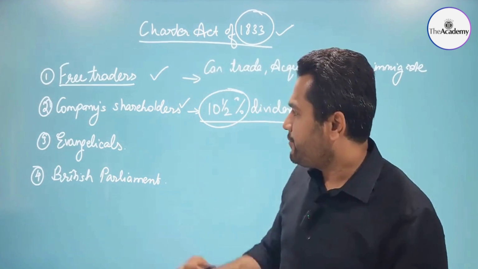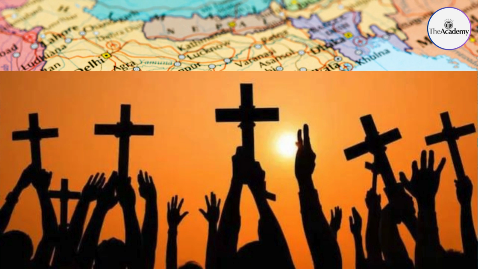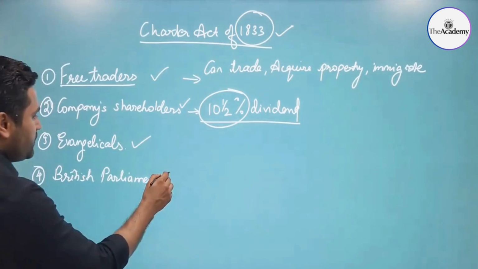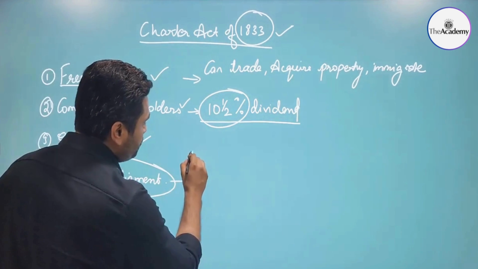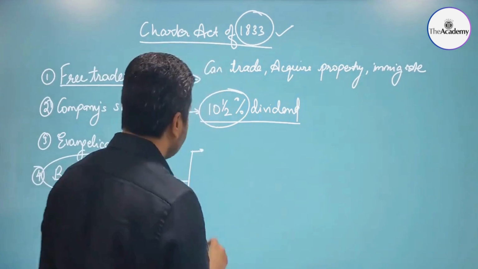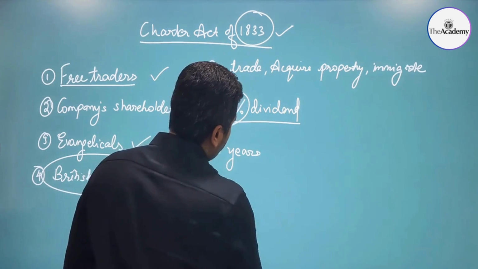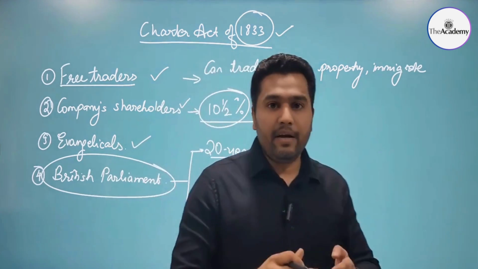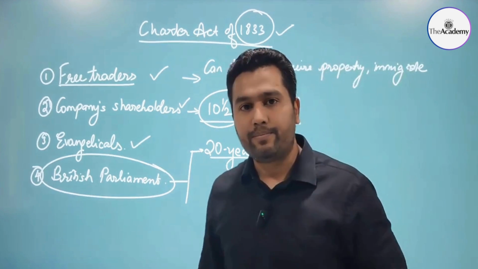Thirdly, we have seen evangelicals, they were already allowed to promote Christianity in India after the Charter Act of 1813. But the most important aspect was by the British Parliament. When the British Parliament introduced a series of reforms, it extended the company's occupation in India for another 20 years. So a 20 years time period was given to the company.